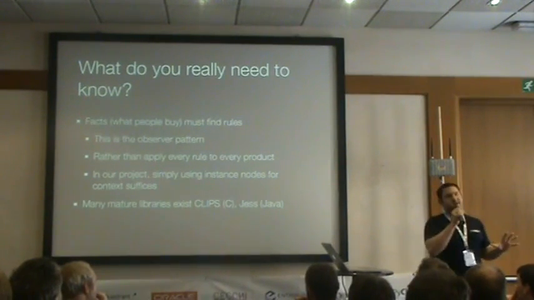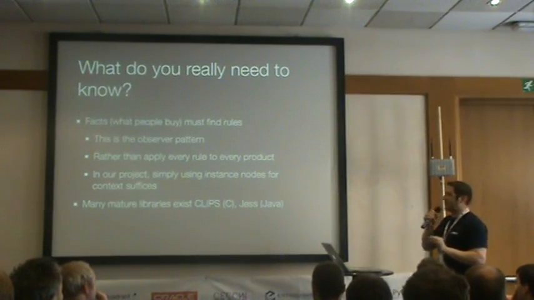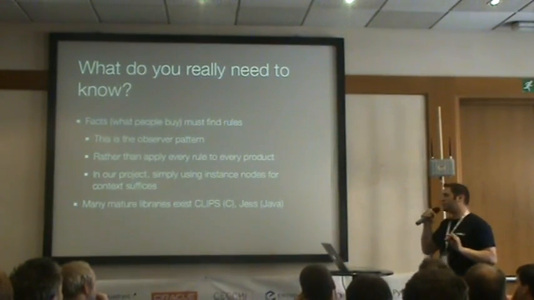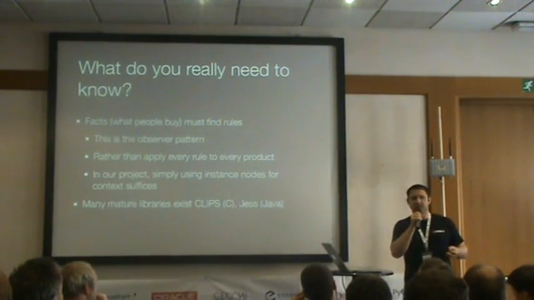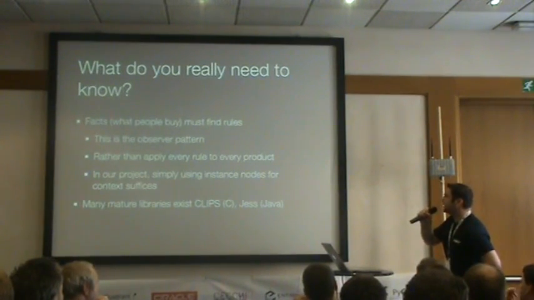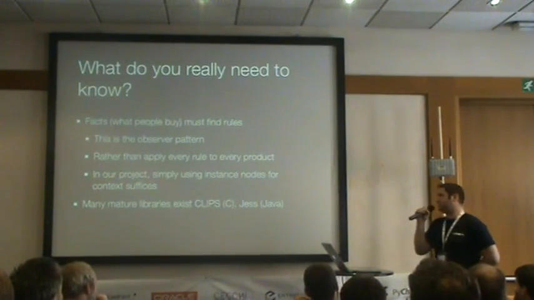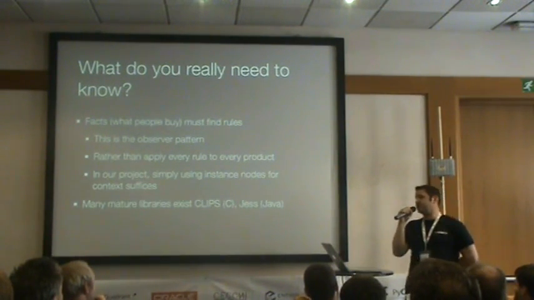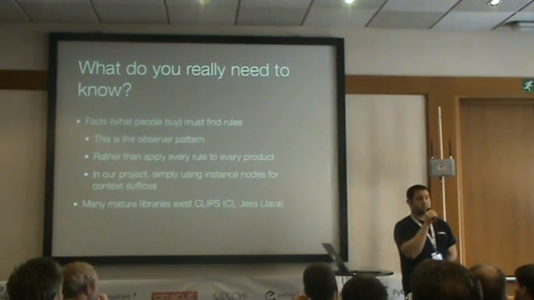But with the way that we've done it, since we've made our rules part of the product graph, we already have a very easy way of figuring out which rules are actually relevant to the things that people have bought for a particular sales order. And the way that we've done that is simply that we attach the rules that care about a particular product to those products.